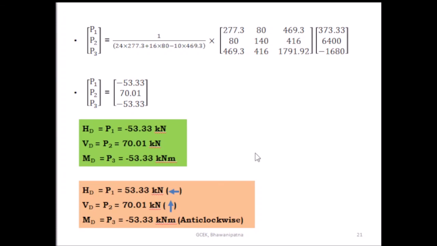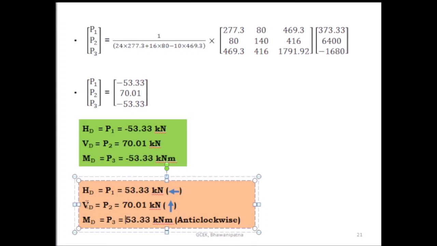You assumed clockwise direction, but here you have to take anti-clockwise. So don't write the minus; write 53.33 kilonewton meter anti-clockwise. So these are the redundant forces.